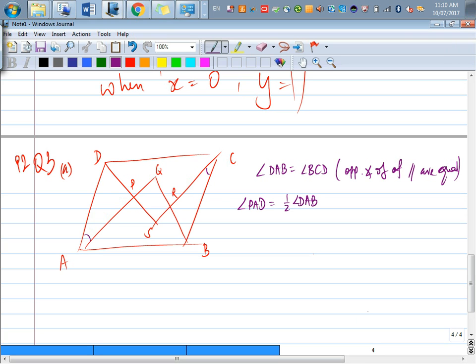We also have angle RCB is equal to half of angle BCD. These two are given in the question. So now we can conclude that, therefore, angle PAD is equal to angle RCB. Shown.